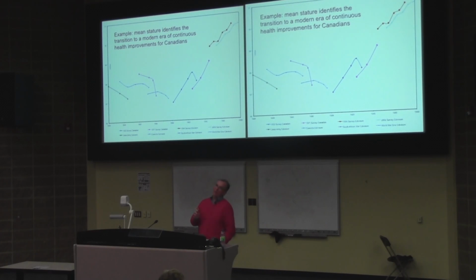There are a couple of things to take from this. At any one birth year, what appears to be the average stature differs. And that's the point about selection. Each source is giving you a different slice of the population. You've got to be really careful when you compare different sources here.